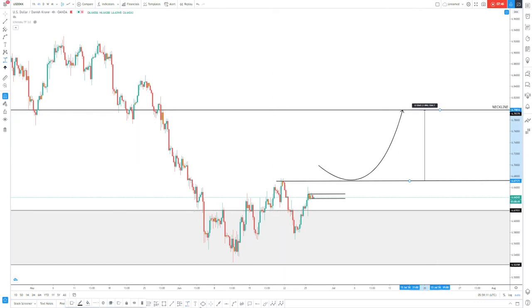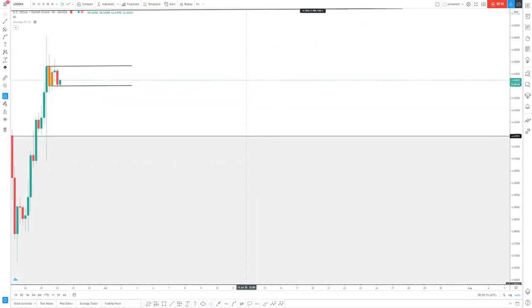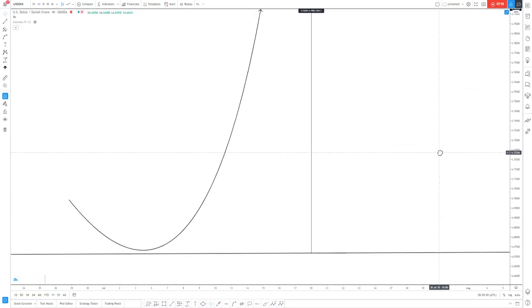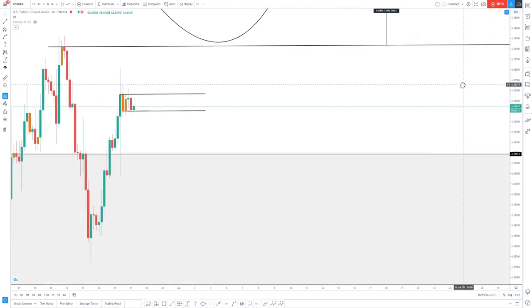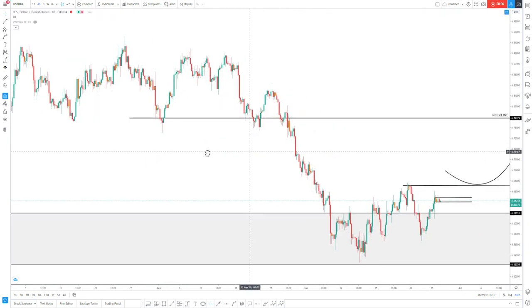Oh wow, I can't really see clearly. Okay, let's zoom right into it. That's around 1.2k pips.